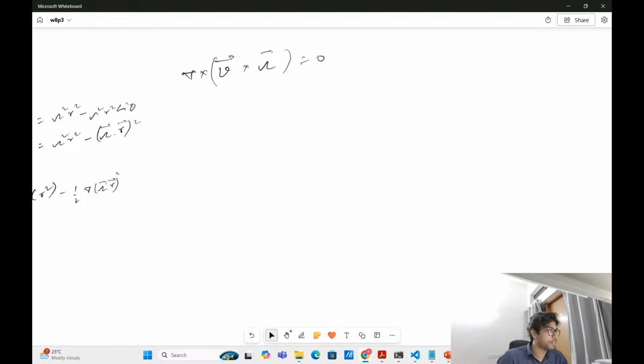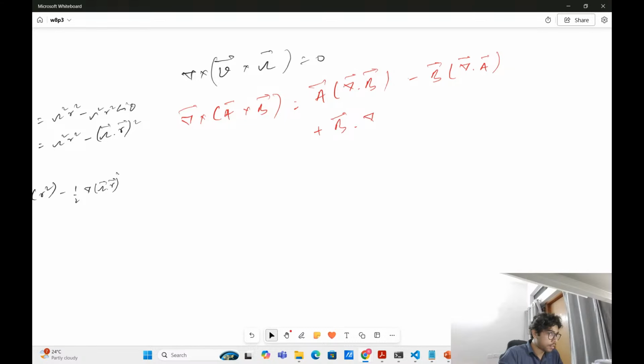Okay, the identity for del cross (A cross B) is A (del dot B) minus B (del dot A) plus (B dot del) A minus (A dot del) B. Okay, so we just use this on this thing.